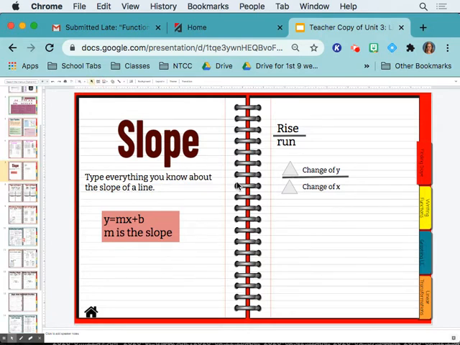Let's do some words. How do we describe slope? What's the definition? What does slope describe?